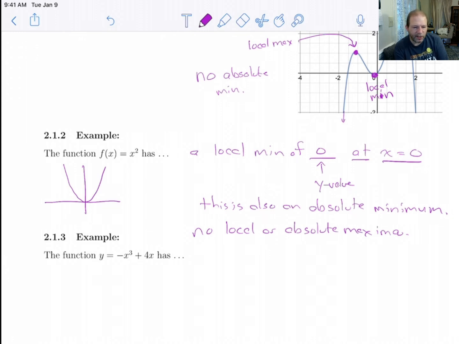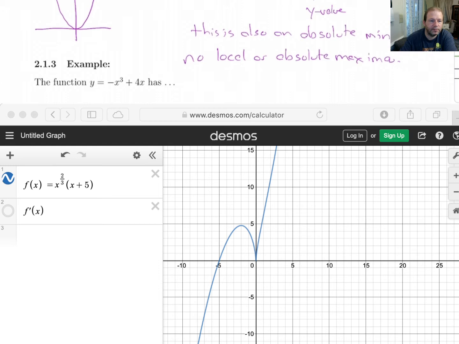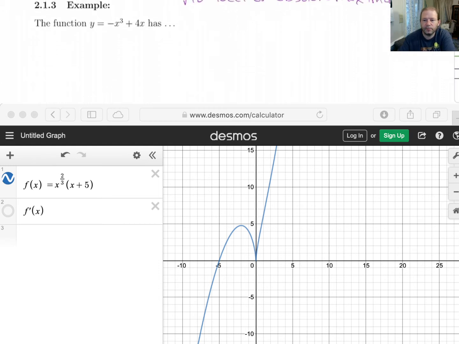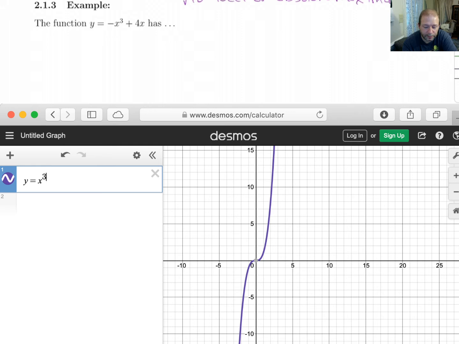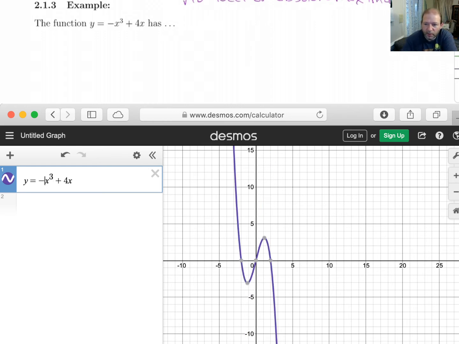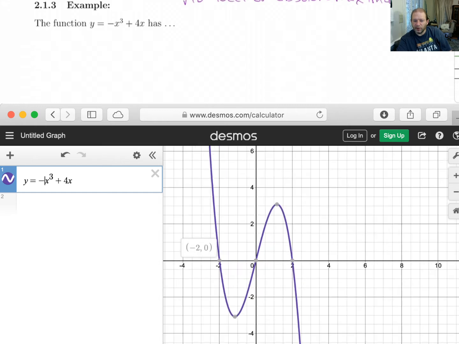All right, now this next one though, y equals minus x cubed plus 4x. Let's graph that one and see what it looks like. We know the basic shape of cubics. X cubed, okay, I'm missing a negative there. If I put that in there, then we see this function here.